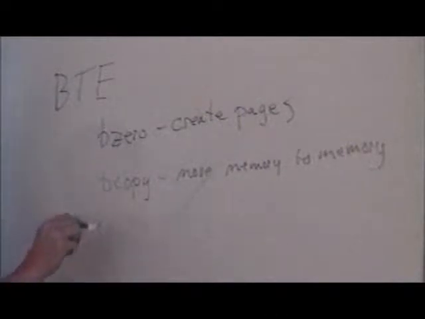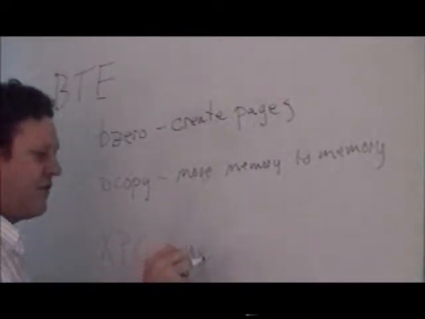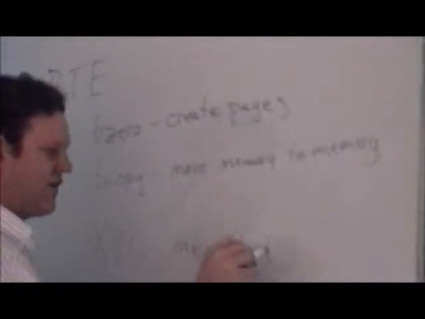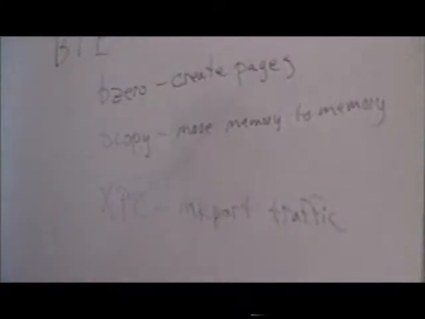The third thing that this block transfer engine is used for is called XPC, and this is for make part traffic. When I'm running NFS in a partitioned file system, NFS will go across the internal routers rather than go out onto the network. So I can take a 128 CPU system, split it into 4 32s, and put up NFS, and all the NFS traffic will be across the internal routers and will avoid going out onto the network itself.